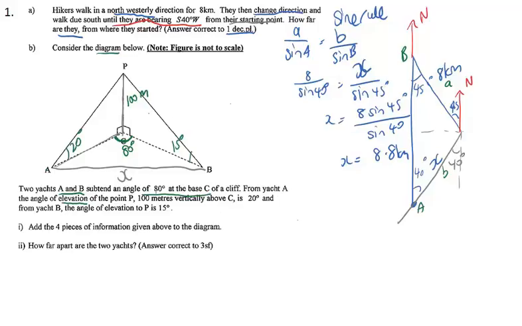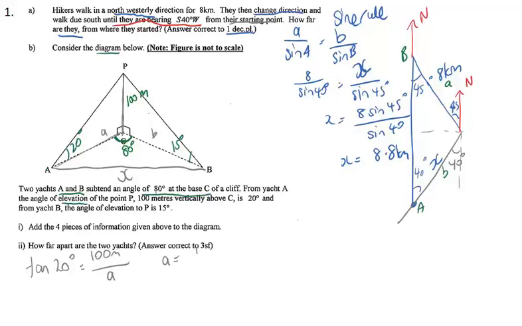To find this length here, we know tan of 20 degrees is our opposite, 100 metres, divided by, and we'll call this A and this can be B, divided by A. So we rearrange.